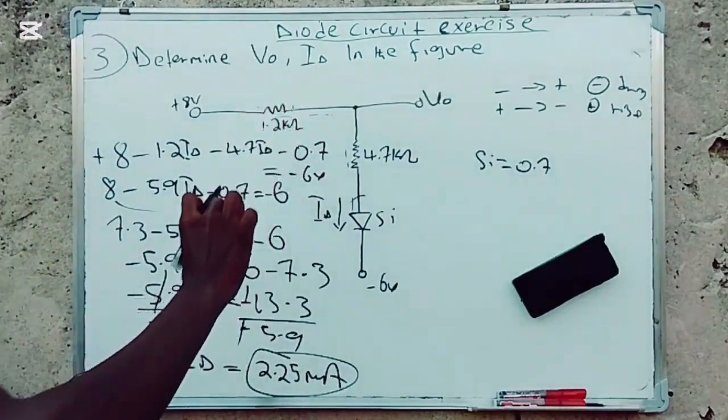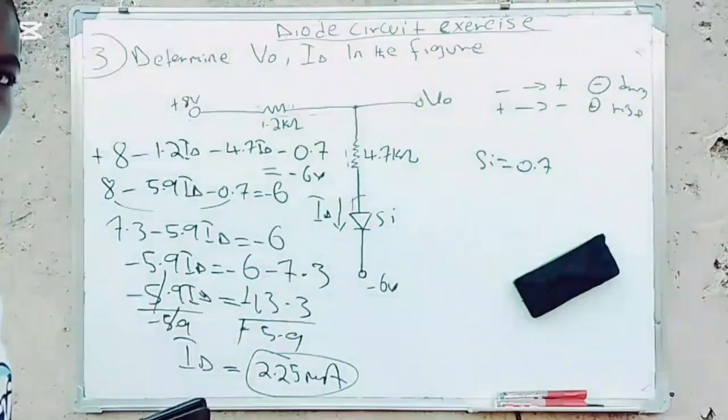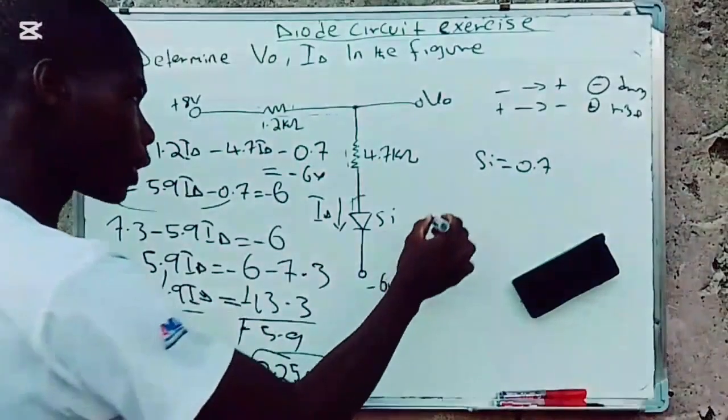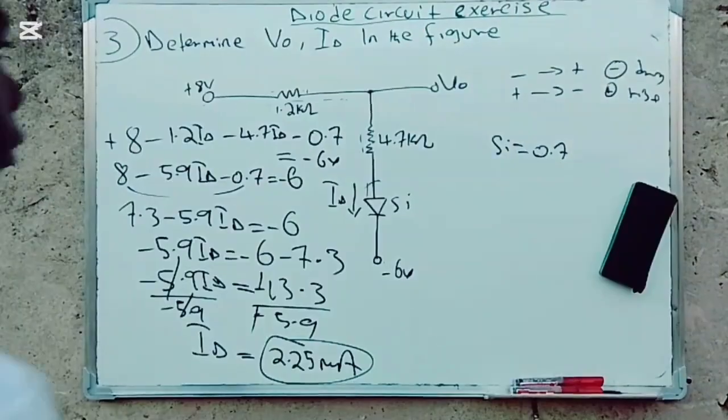Because of the kilo, we are excluding the kilo, and so you get the answer in milliamps. If you didn't exclude the kilo, you get something like 0.00225.